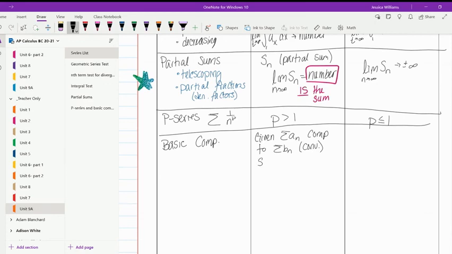Then we have to show that our series that we were given is less than or equal to the one that we know. And then same thing over here. We're given a sub n, and we're going to compare it to b sub n, which we know diverges. Then we have to prove that the one we're given is bigger than or equal to b sub n.